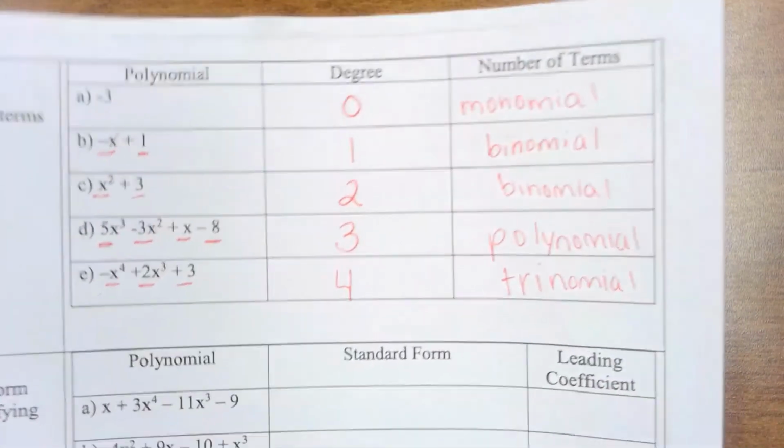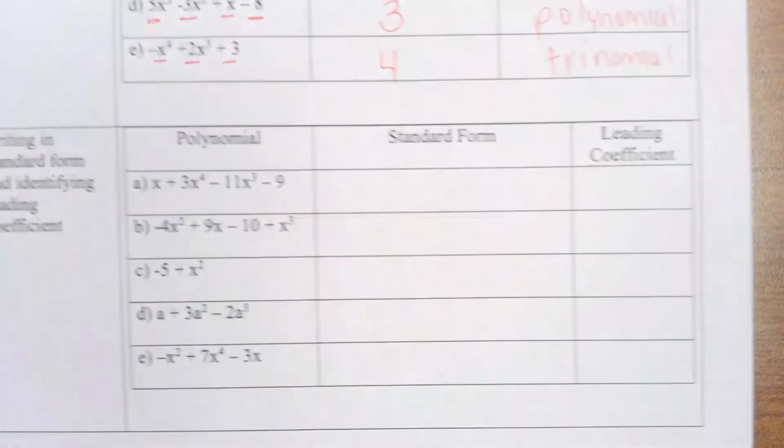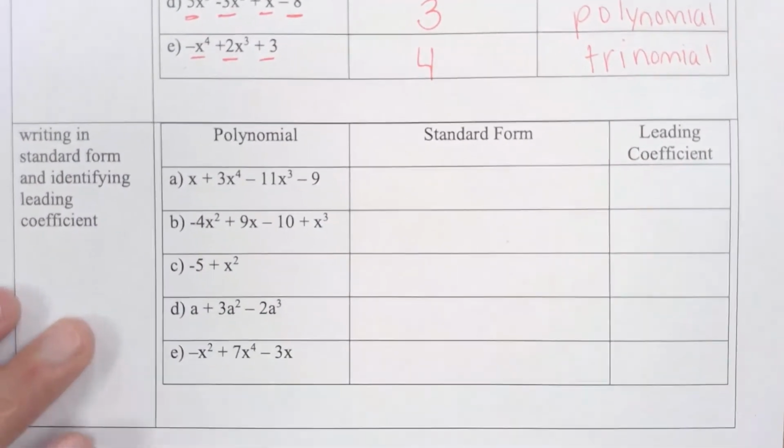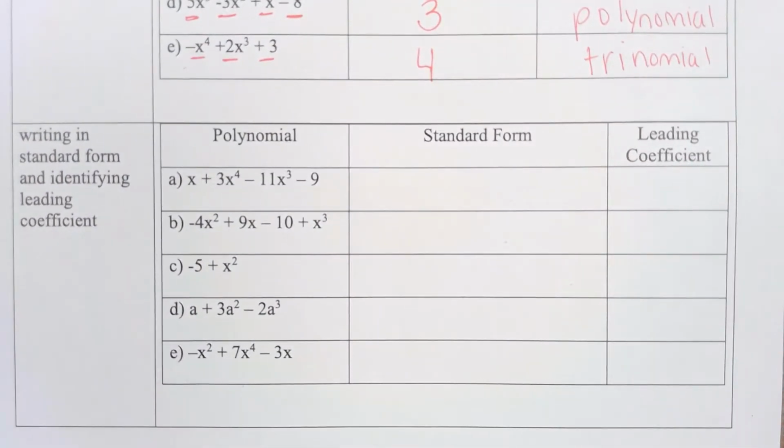So now let's go down to writing them in standard form and talking about a leading coefficient. So again, when you are writing polynomials in standard form, you always have to make sure that you are going in alphabetical order. And with your exponents, you're always leading with the highest exponent of that variable.